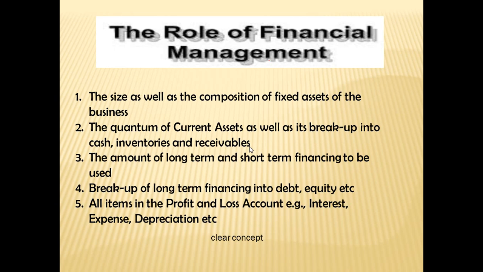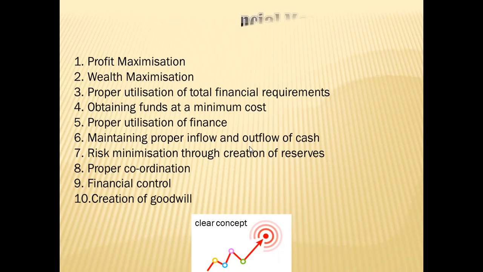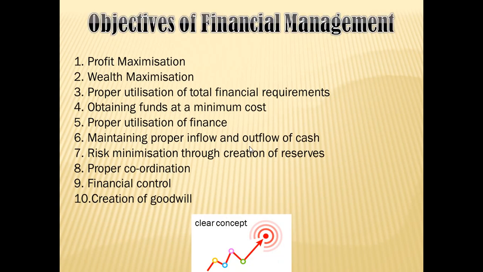These were all things we need to discuss in this discussion. Now, in the next discussion, we'll be continuing our discussion on topics like objectives of financial management, like profit maximization, wealth maximization, proper utilization of financial requirements, obtaining funds at a minimum cost, proper utilization of finance, maintaining proper inflow and outflow of cash, risk minimization through creation of reserves, proper coordination, financial control, and creation of goodwill.